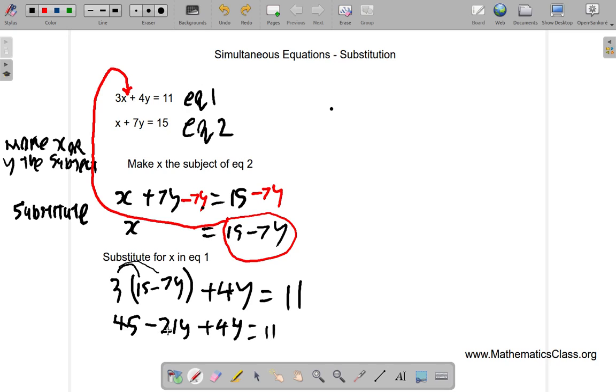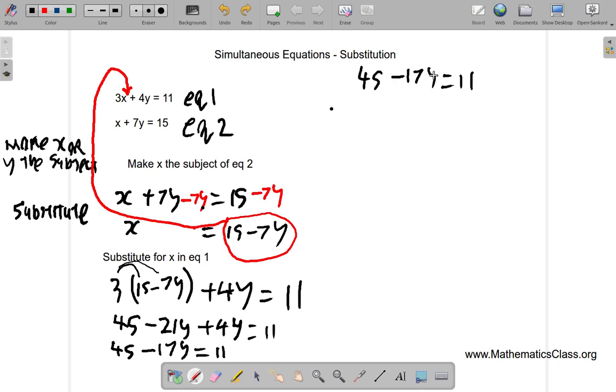Alright, your negative 21y plus 4y is what? It will be negative 17y. So you have 45 minus 17y equals 11.